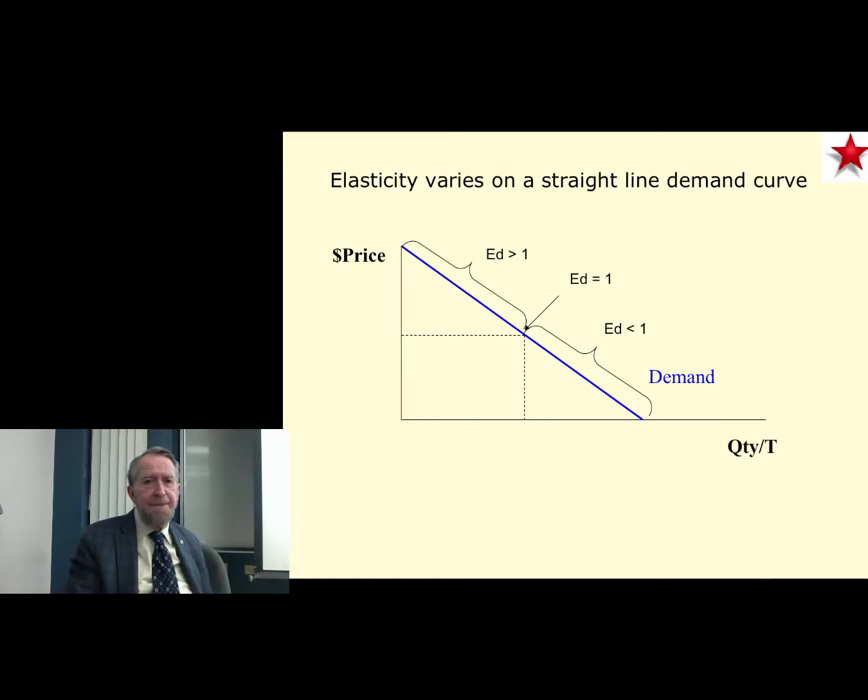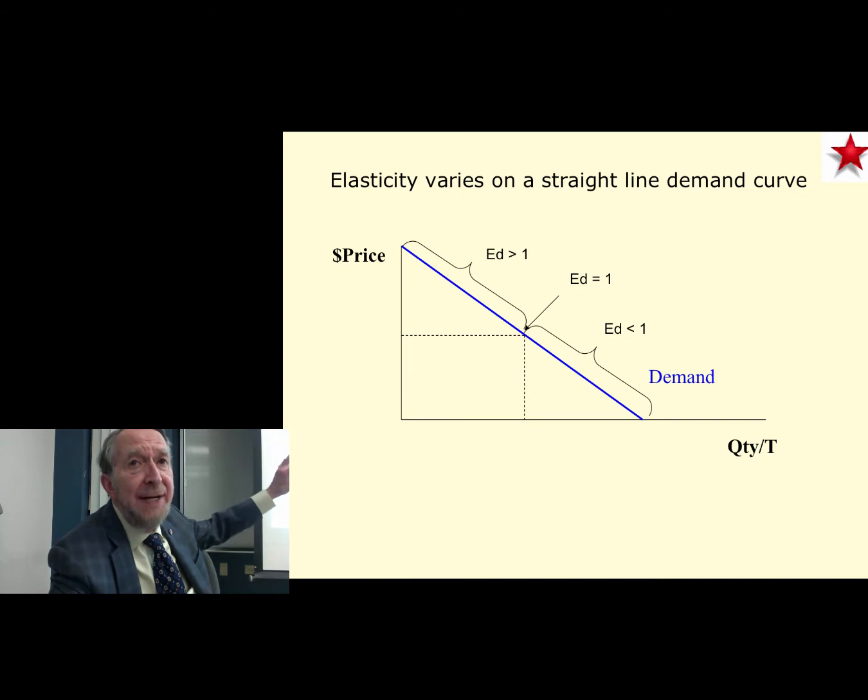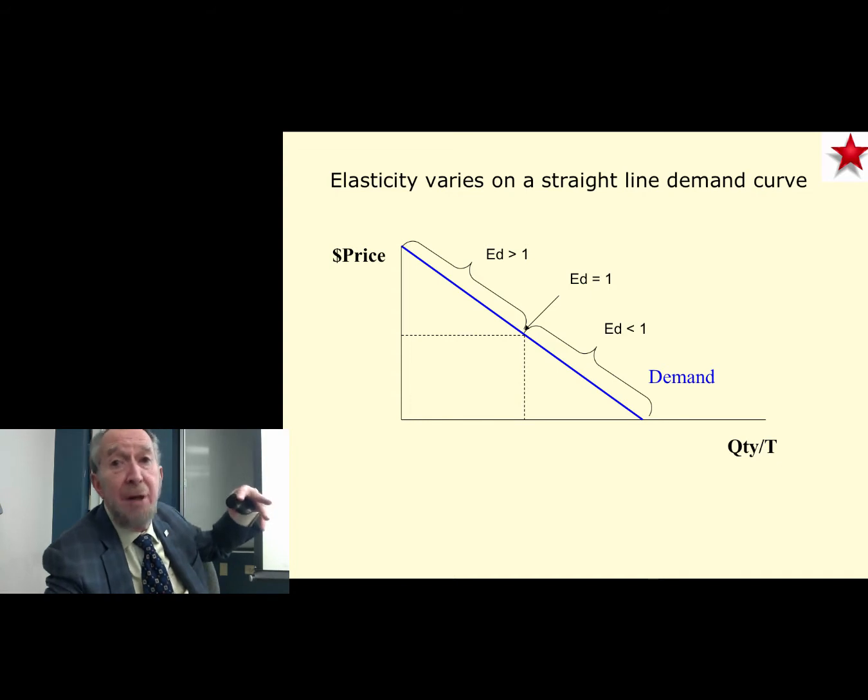Good example. On a straight line demand curve, it turns out just the geometry of the curve is that the upper half is the elastic region of the curve. The midpoint is unitary elastic. This is axis to axis. And the lower half is the inelastic portion. If you think back to my 10-9-8 standard demand curve, at $10 I sold one shirt, total revenue is 10. I lower my price to 9, I sell 2 shirts, 18. Total revenue is going up, right?